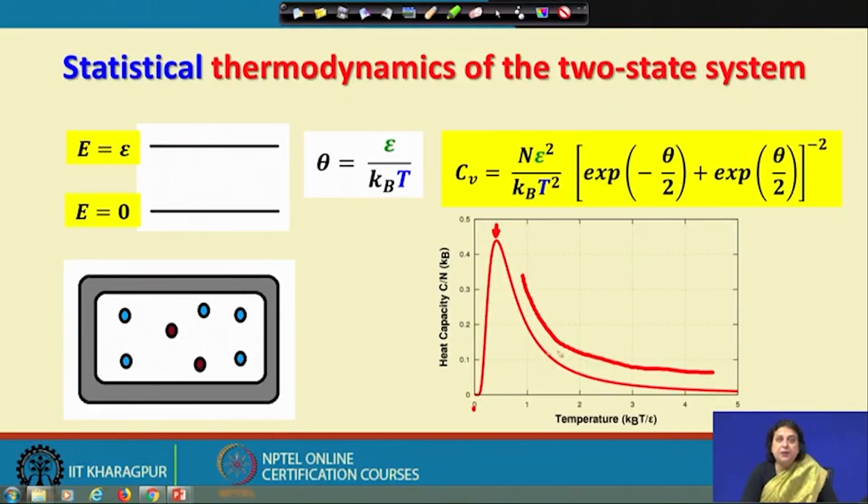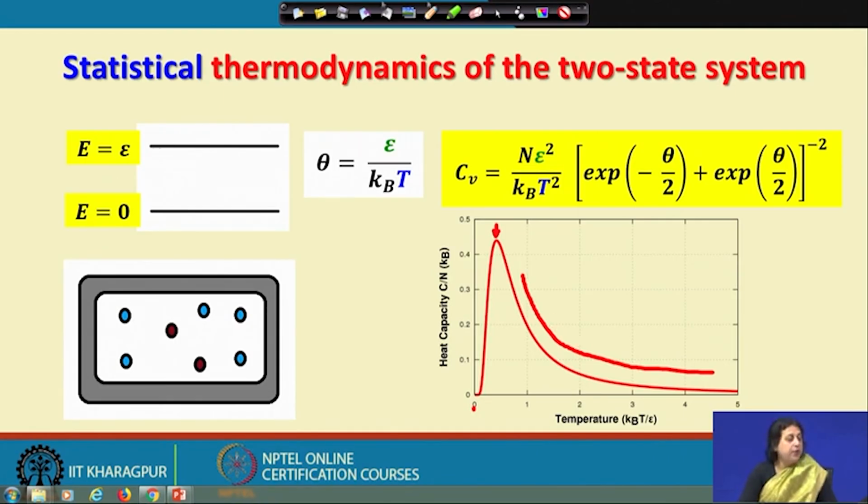Now, this behavior you must realize is not a common behavior, for example, for the solids, because you have learned from Dulong-Petit law that at very high temperatures I must be having a constant value of heat capacity in a system.